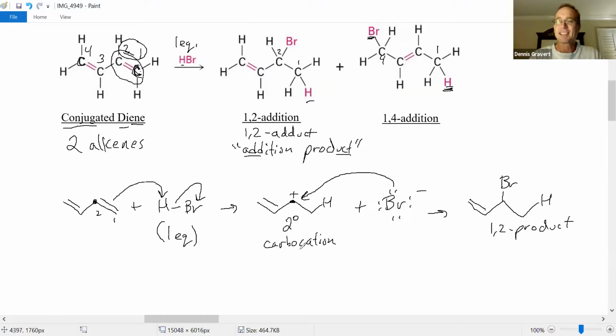One more thing about that secondary carbocation. I'm sure some of you picked up on it. It's next door to a double bond. It is also allylic. It's an allylic carbocation. Why is that important? It's because it's resonance stabilized.